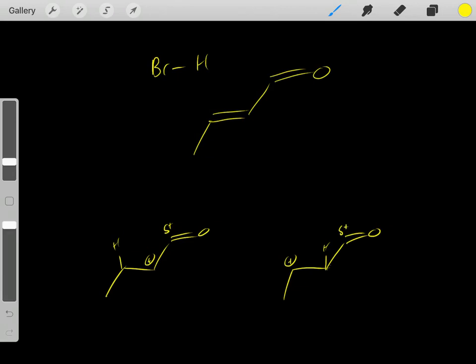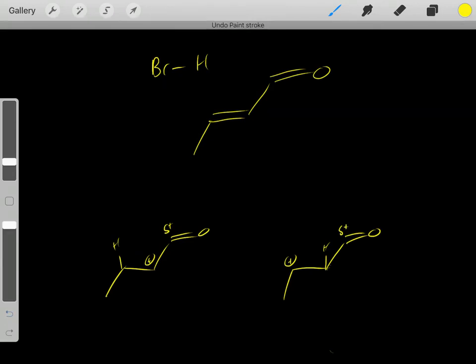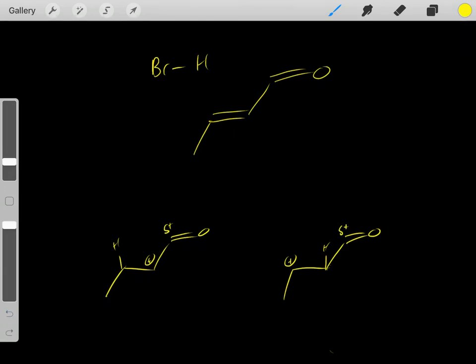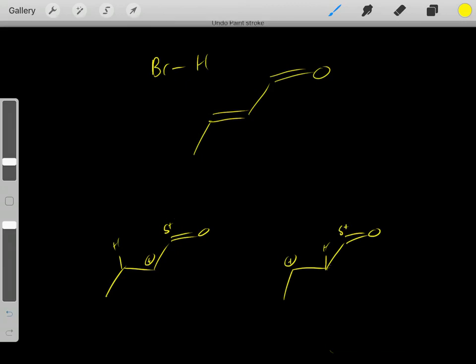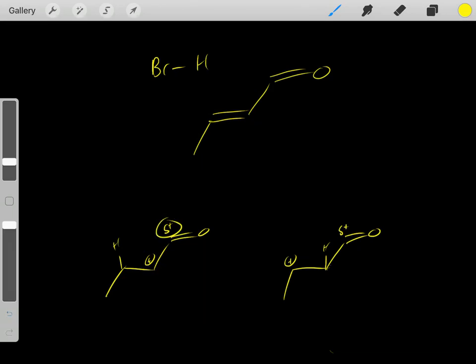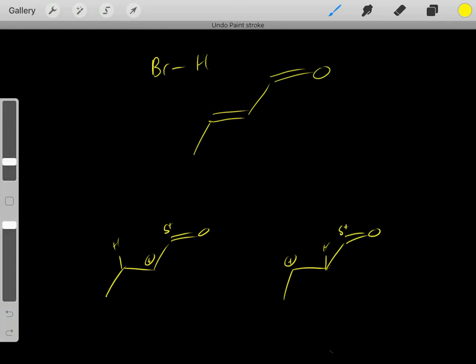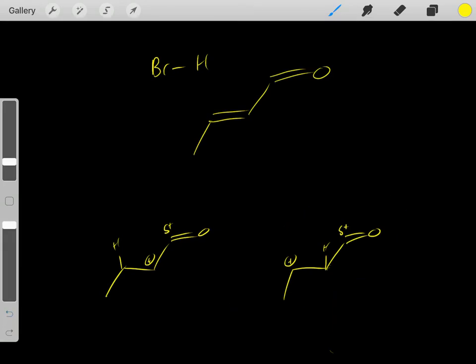So now, we know this carbocation isn't good. We don't want a positively charged carbocation right next to this partially positively charged carbon. We have these two positive charges nearby each other, so that's not stable. However, in this example, we have this partially positively charged carbon with this carbocation, which are a little further from each other. So it's a little more stable.